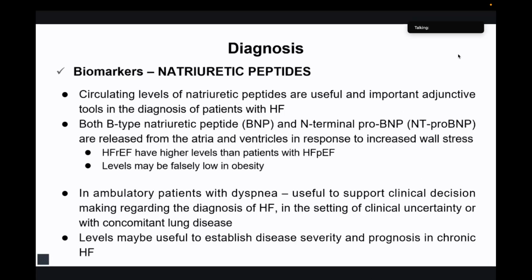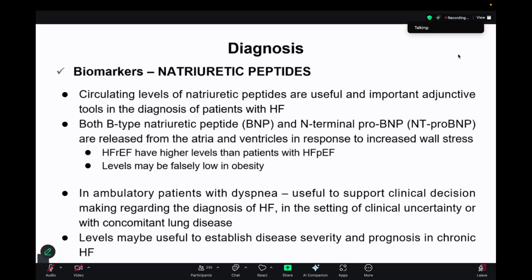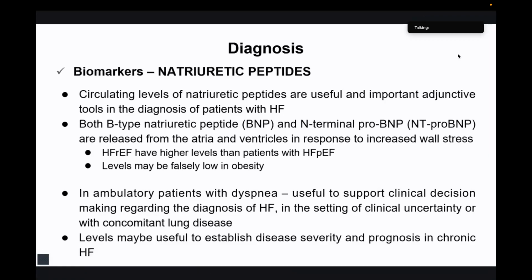To help diagnose heart failure, we also check for certain biomarkers. These are your natriuretic peptides. Circulating levels of natriuretic peptides are a useful and important adjunctive tool in the diagnosis of patients with heart failure.